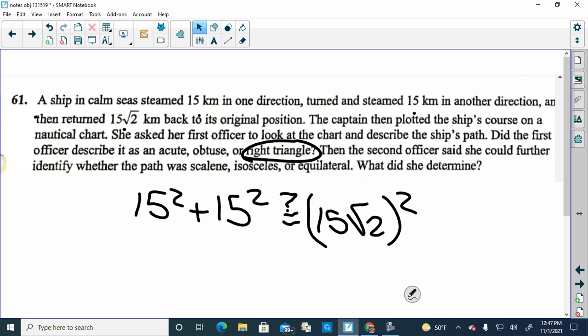It says, then the second officer said she could further identify whether the path was scalene, isosceles, or equilateral. Isosceles, because you have two sides that are the same length. Remember when they're all different, it'd be scalene, or equilateral, which they're not because of that rad 2.